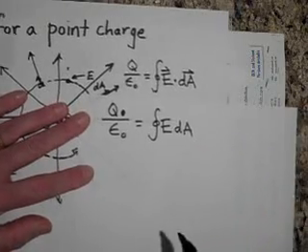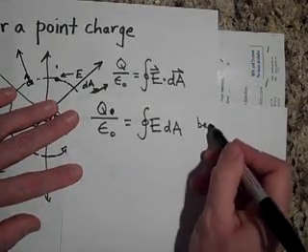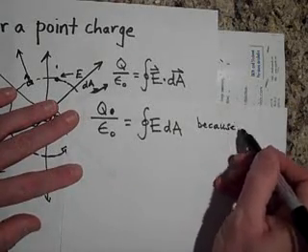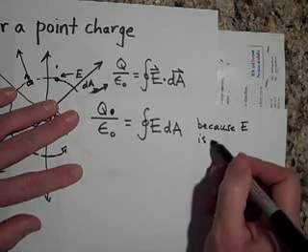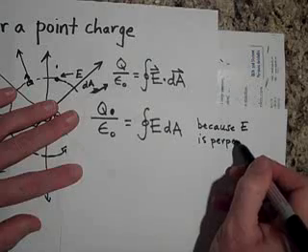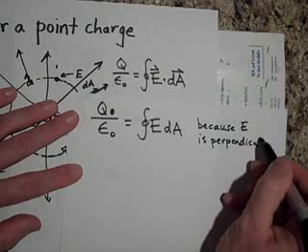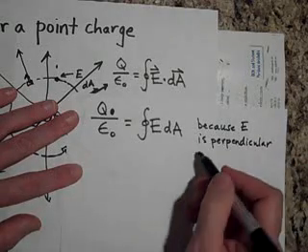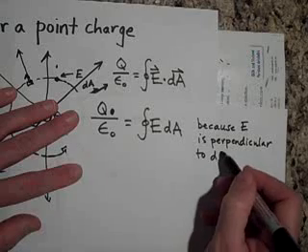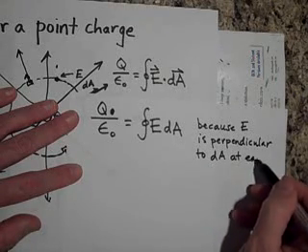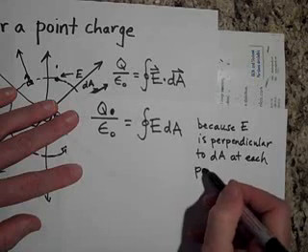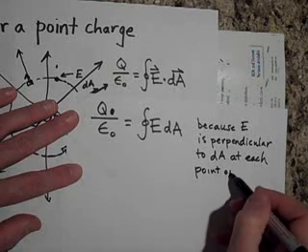And the argument for that is because E is parallel to dA at each point on the Gaussian surface.